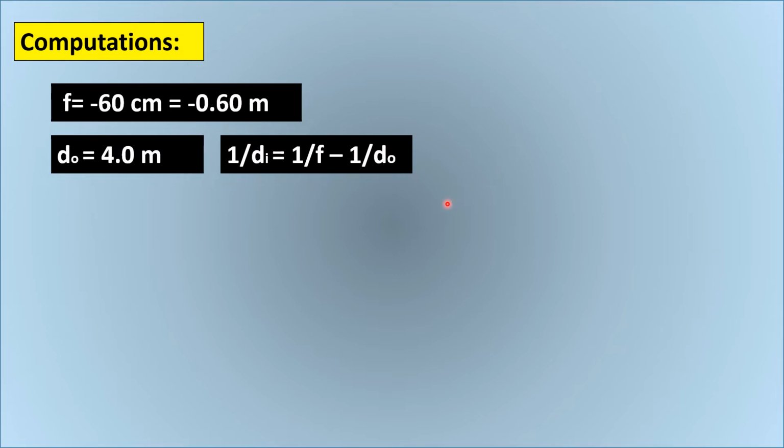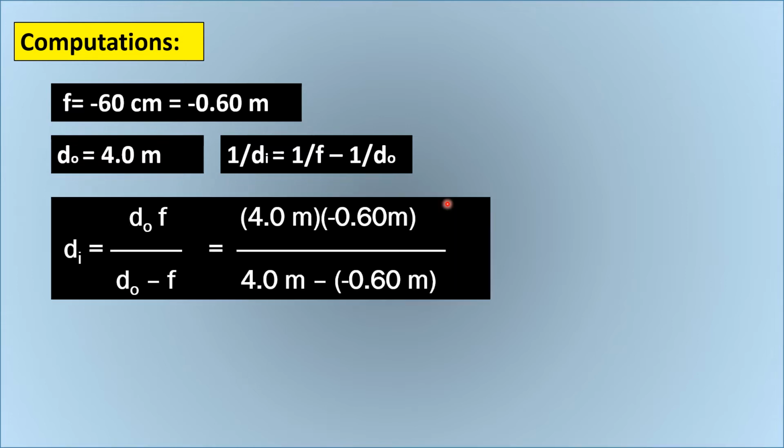The shortcut formula for finding the image distance is di equals the product of do times f, divided by the difference between the object distance and the focal length, or do minus f.